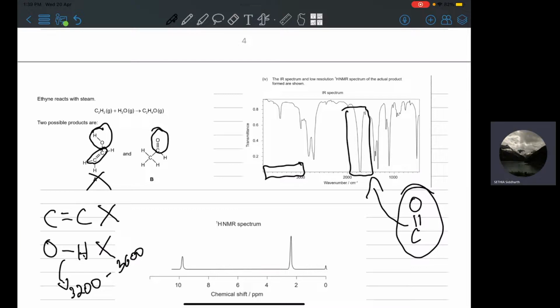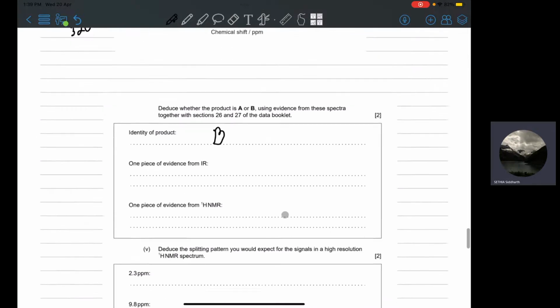So these are basically the confirmations that we have from the infrared spectrum. One, that C double bond O is present, and two, that C double bond C and the O single bonded H, this alcohol group, are both not present. So we can use these three pieces of information to determine that B is in fact our correct answer.